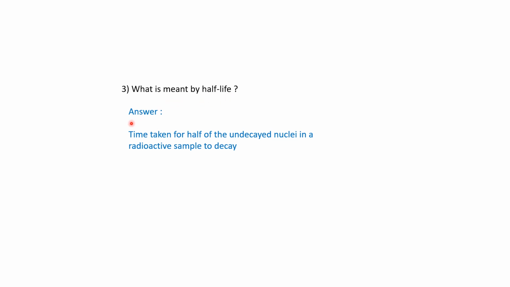So, half-life is basically the time taken for half of the undecayed nuclei in a radioactive sample to decay. And this is basically the last question that I want you to try. So if you find it hard to answer any of the questions that I've given, maybe you can try and watch this video again, or you can even refer to any other resources that are available to you, just to improve your understanding a little bit more.